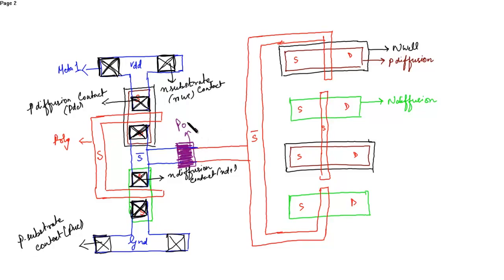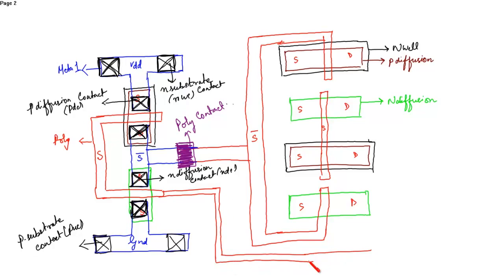So this is a poly contact. Now this S is connected to this, so we can connect like this.